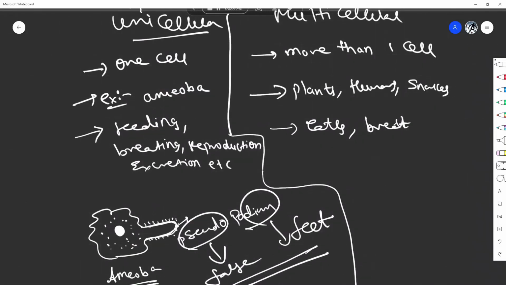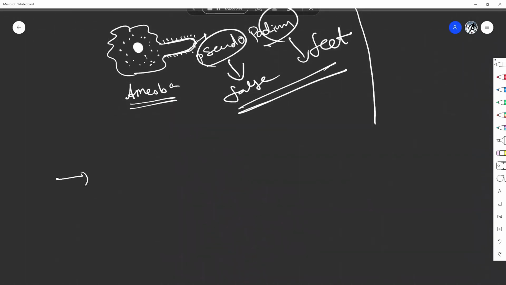Now, shapes of the cells. Shapes and sizes. There is no fixed shape for a cell. A cell can be short, round, small, big, or like a wire. It can have any shape.